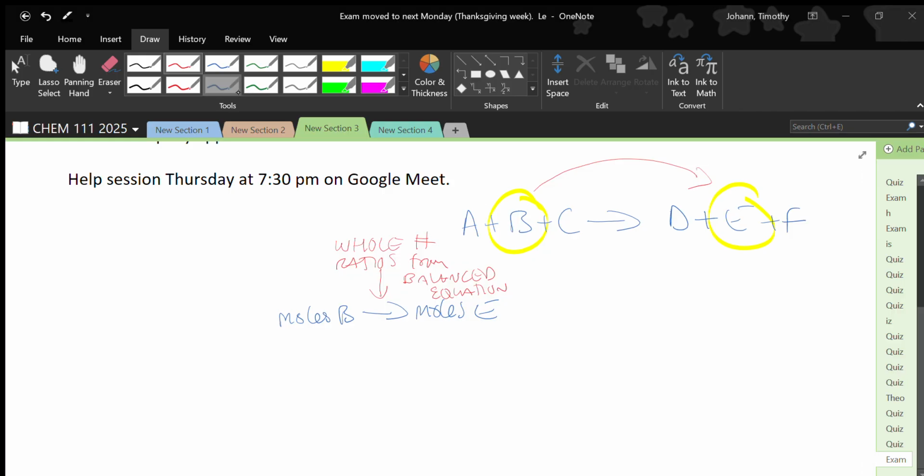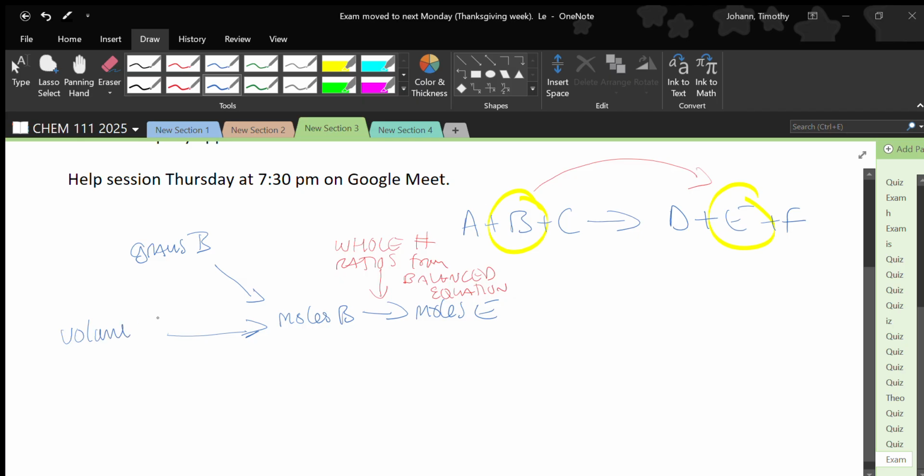And then there are all sorts of ways we can get on the highway. We can start with grams of B, volume of B, molecules of B. Is there anything else in here?